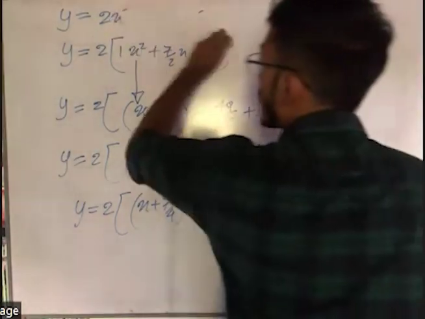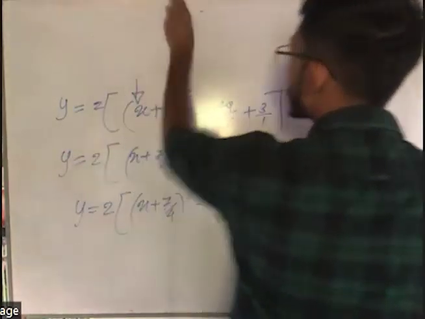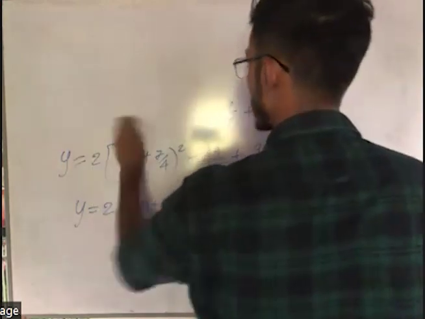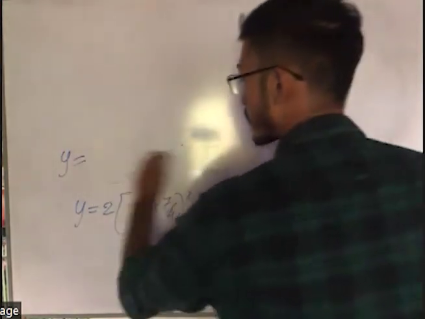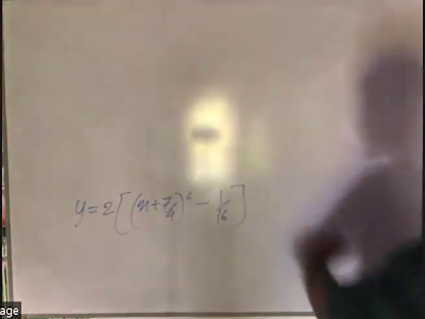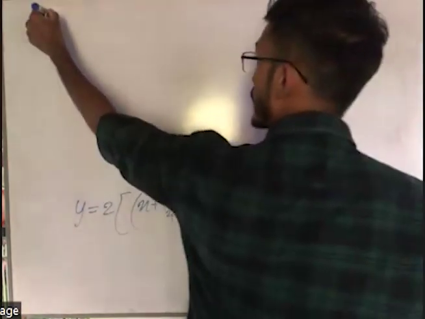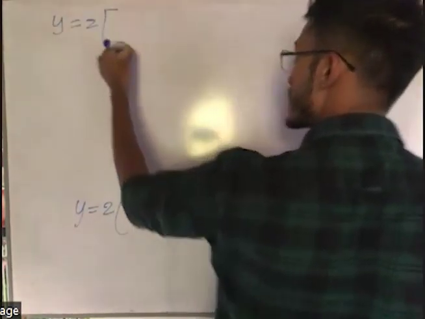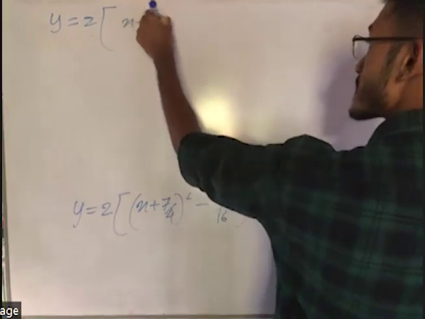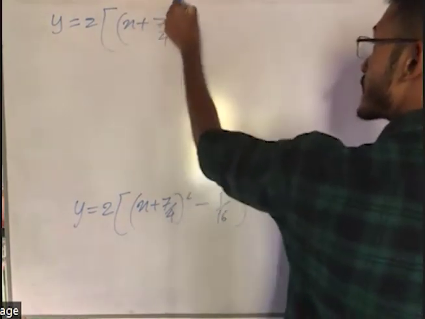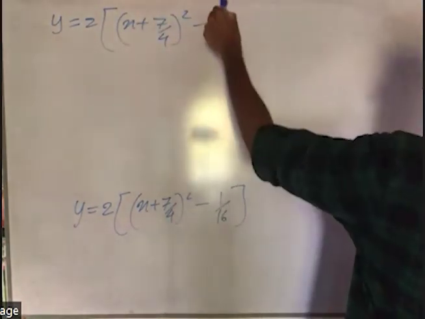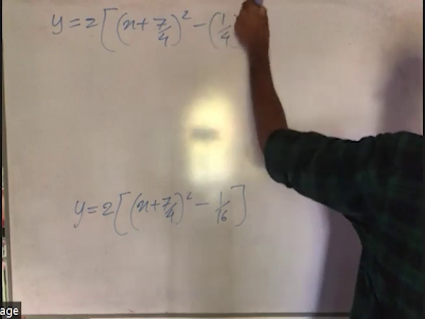So I'm going to erase this part. Then we can write y equal to 2 times (x plus 7 over 4) square of the whole thing minus 1 over 16, which we can write as (1 over 4) square of the whole thing.